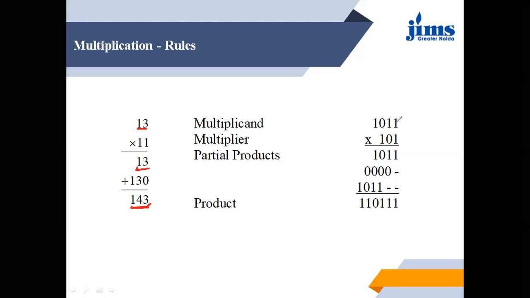I took the number 1101, this is 8 plus 2, 10, and this is 11. And this is 101, that is 5. So we have to multiply 11 with 5, and in decimal 11 times 5 is 55, meaning our result should be 55 in binary.